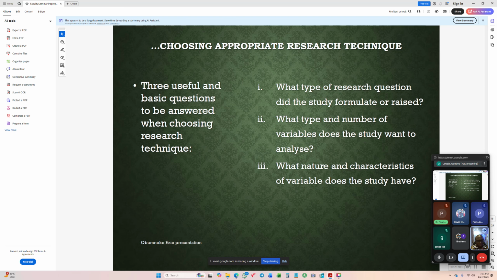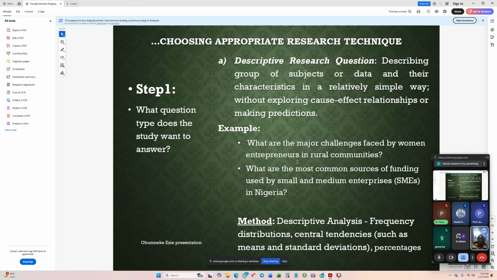We'll start with the first one: what type of research question did your study formulate? The first step here is, what question type does the study want to answer? We have different kinds of research questions. The first on the list is the descriptive research question. Here, you are merely describing your subject or data and their characteristics in a relatively simple way, without exploring any cause and effect relationship or making any predictions.